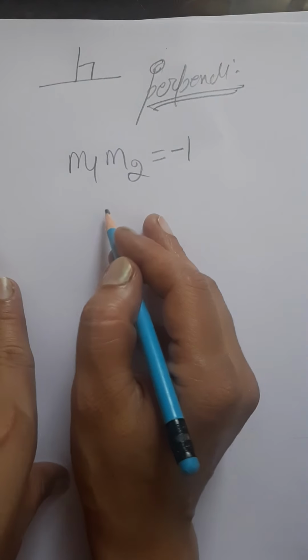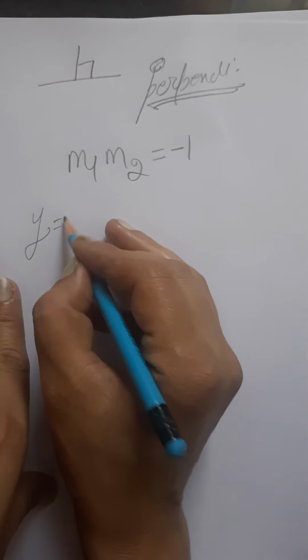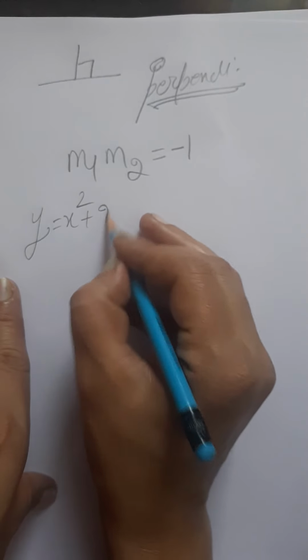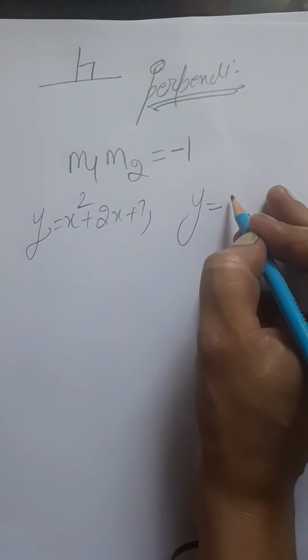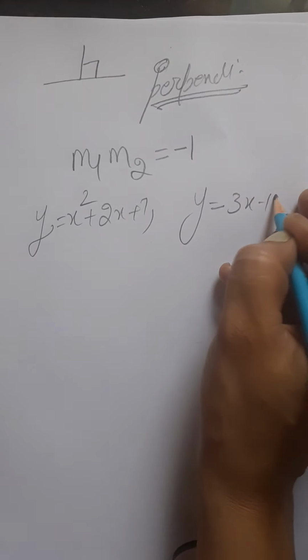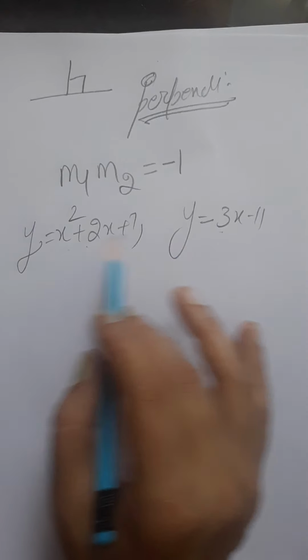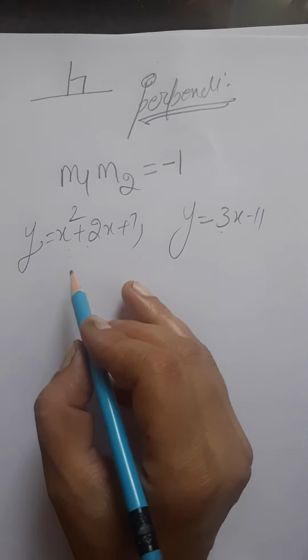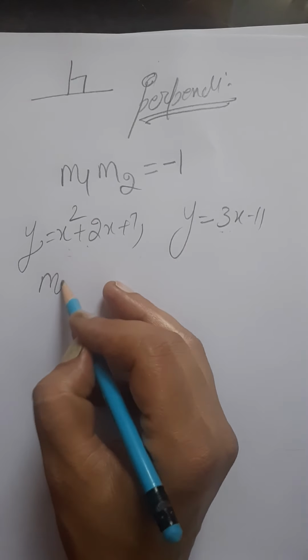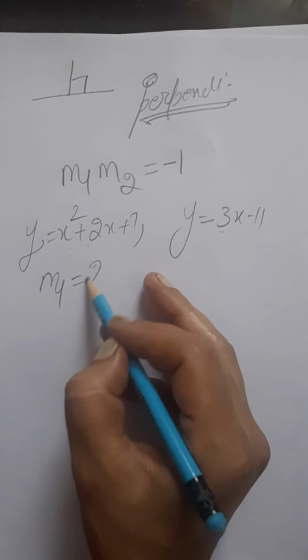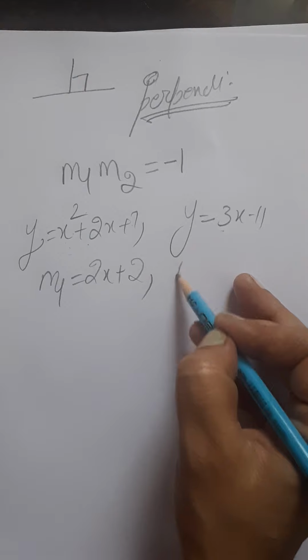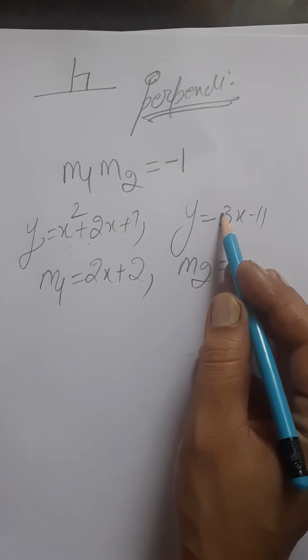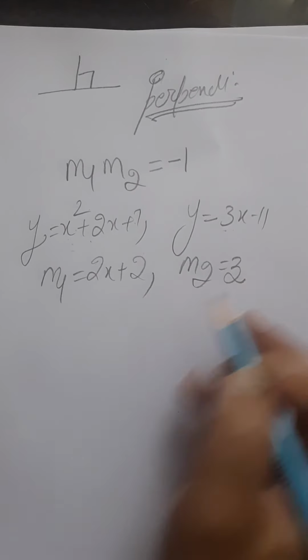Suppose we take the same example, y is equal to x square plus 2x plus 7 and y is equal to 3x minus 11. Now if these lines are perpendicular to each other, you take the first derivative of this, and you write here 2x plus 2, and for m2 you take the derivative of the line, 3.